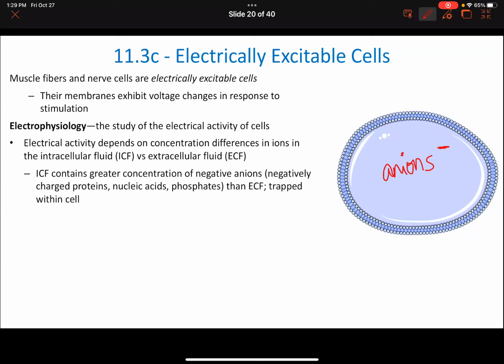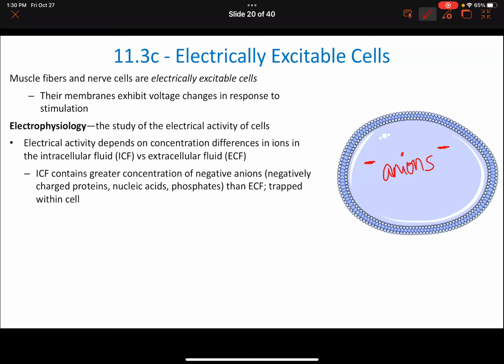These anions are going to include things like proteins. If you recall, the nucleus contains DNA. The DNA undergoes transcription to RNA. RNA then undergoes translation to produce proteins. Well, proteins have a negative charge, as well as do many of the organelles and the proteins that make up these organelles. Well, the organelles and these proteins cannot just cross this membrane.